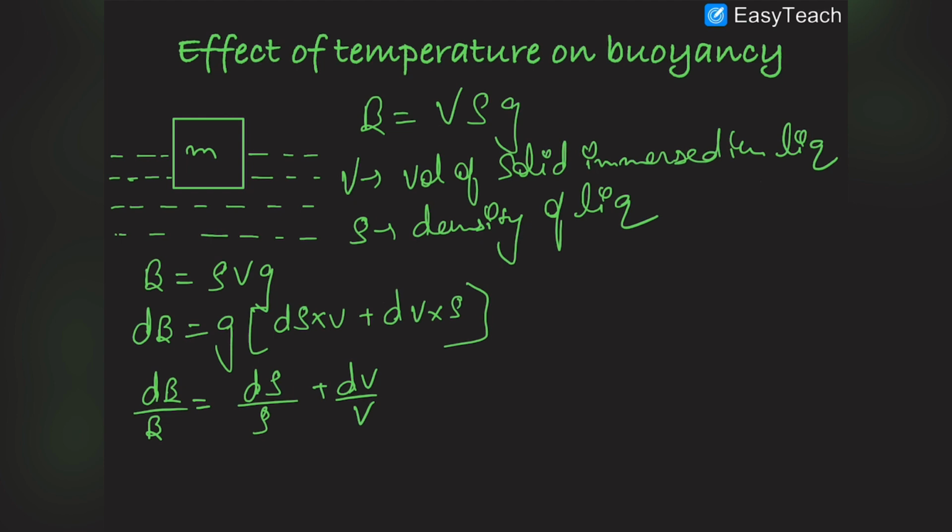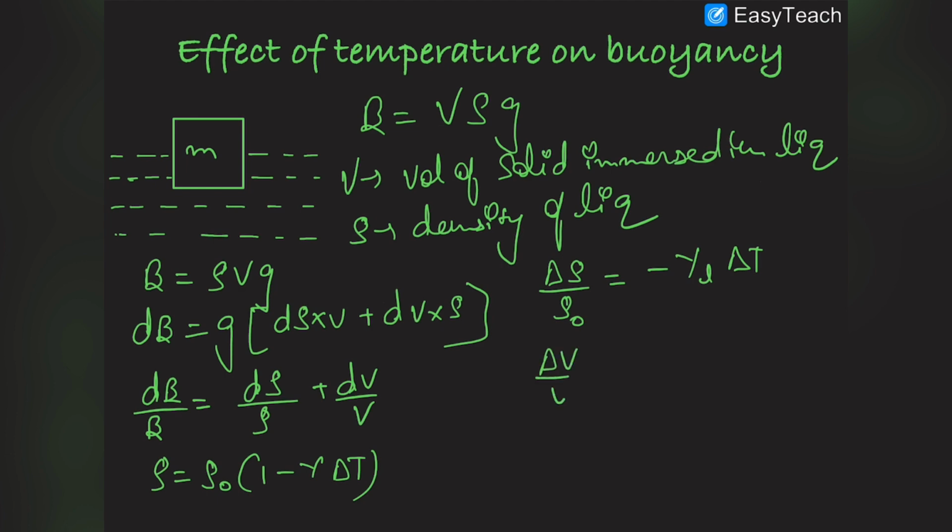Now we know that rho is equal to rho naught (1 minus gamma delta T). So by this we can say that delta rho by rho naught is equal to minus gamma of liquid delta T, because this is the density of liquid, and delta V by V we already know is equal to plus gamma of solid delta T, because this volume is the volume of solid immersed in the liquid.